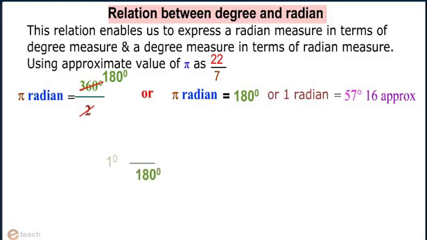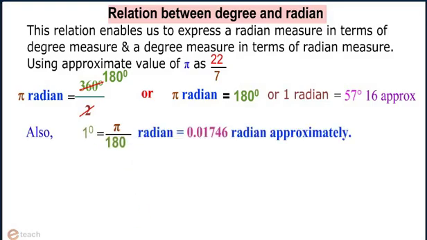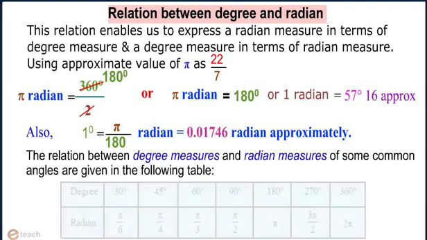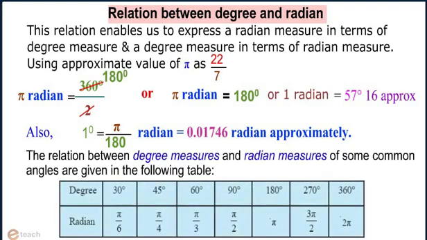Also, 1 degree equals pi by 180 radian, which is equal to 0.01746 radian approximately. The relation between degree measures and radian measures of some common angles are given in the following table.